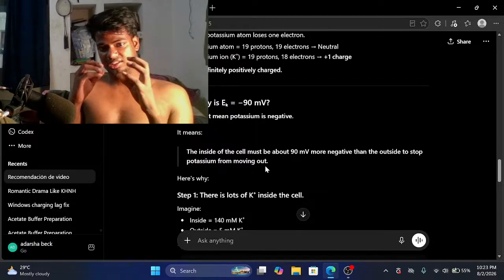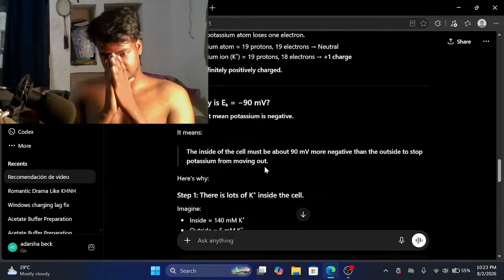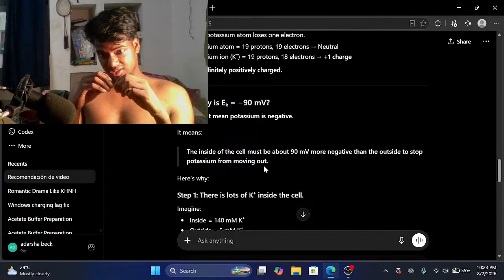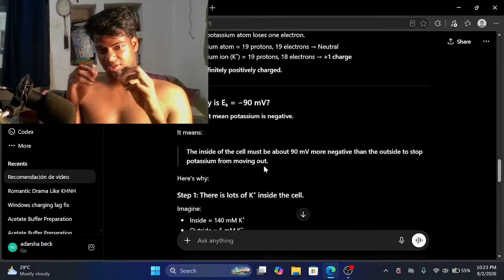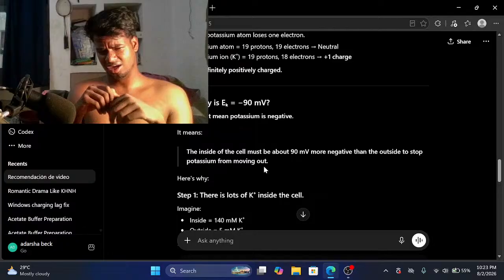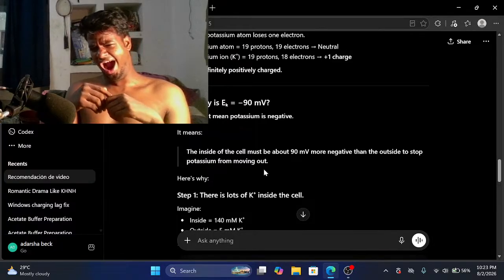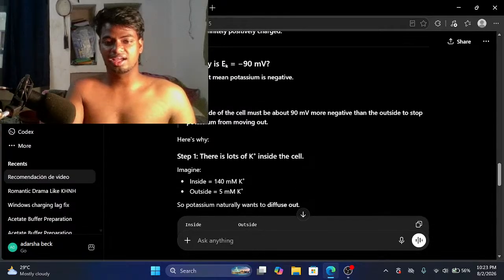It means the inside of the cell must be about 90 millivolts more negative than the outside, to stop potassium from moving. Oh God, I cannot get it, man.